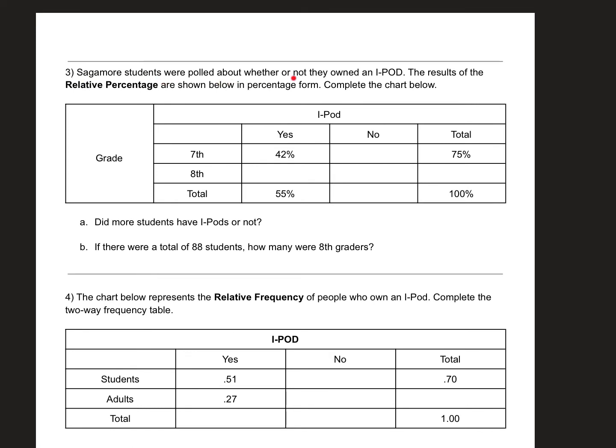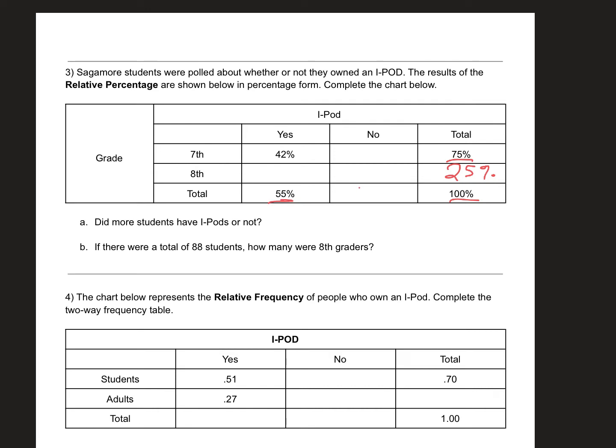Sagamore students were polled about whether or not they owned an iPod. The results of the relative percentage are shown in percentage form. Okay, so in this case, we're still going to be adding these up, but we have percentages instead of regular numbers. So again, all I'm going to do is add or subtract. So 75, I need to get to 100. The other part must be 25%. Here I have 55.